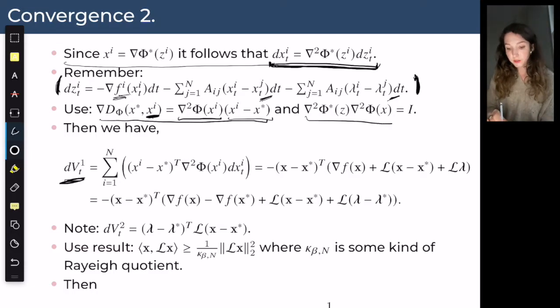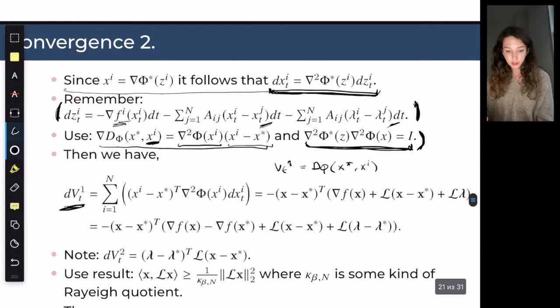And the other thing we will need is this fact that the Hessian of our conjugate mirror map multiplied by the Hessian of our original mirror map is the identity. So using these two things and using the definition of Vt1, which was this Bregman divergence of x star and xi.